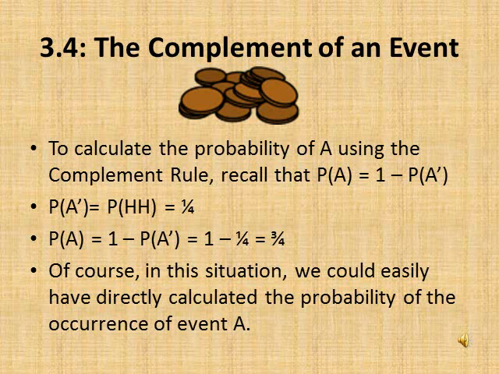P of A is equal to 1 minus P of A prime, which is equal to 1 minus 1/4, which is equal to 3/4. Of course, in this situation, we could easily have directly calculated the probability of the occurrence of event A.